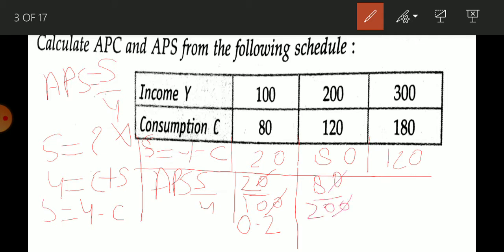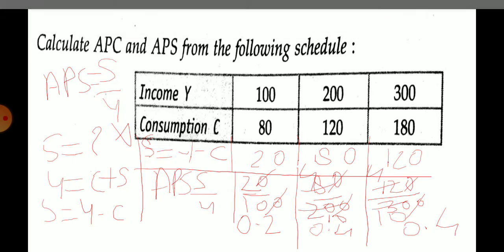Zeros cancel, 2 fours 8, 2 tens 20, so when we further divide, it will be 0.4. Next is 120 upon 300. Zeros cancel, 3 fours 12 and 3 tens 30, so further when we divide, we get 0.4. So in this way APC and APS both are calculated.